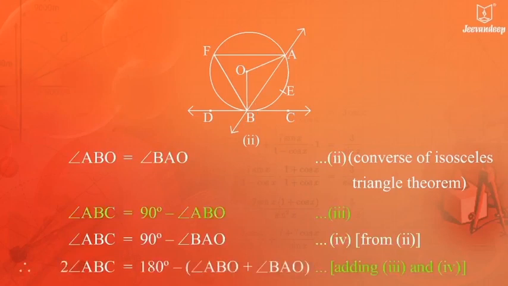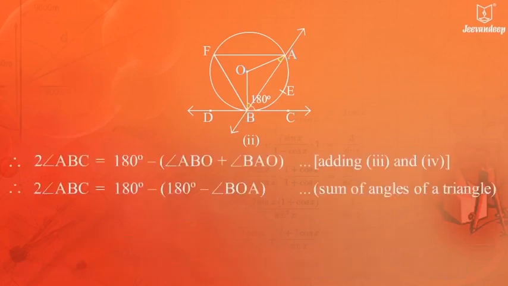Adding equations 3 and 4, we get twice angle ABC equals 180 degrees minus the sum of angle ABO and angle BAO. As the sum of angles of a triangle is 180 degrees, twice angle ABC equals 180 degrees minus the difference of 180 degrees and angle BOA.